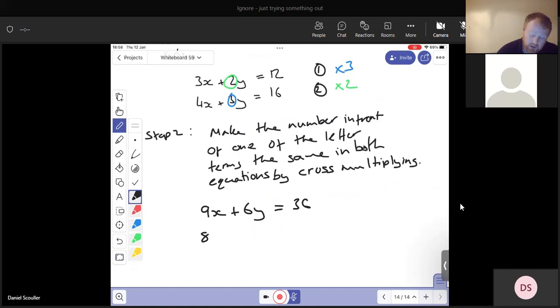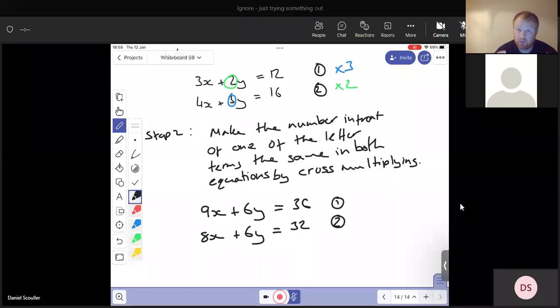So I'd get 8x plus 6y equals 32. So that's equation 1 still, that's equation 2, but because I've multiplied it, we're getting bigger numbers. Now you'll see that the term in front of the y's is the same in both equation 1 and equation 2.